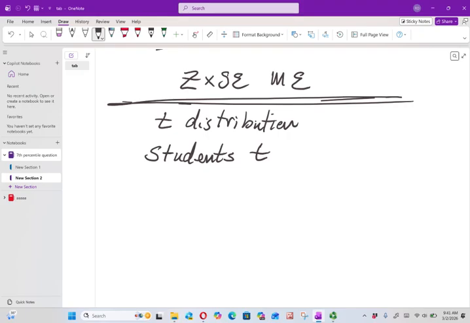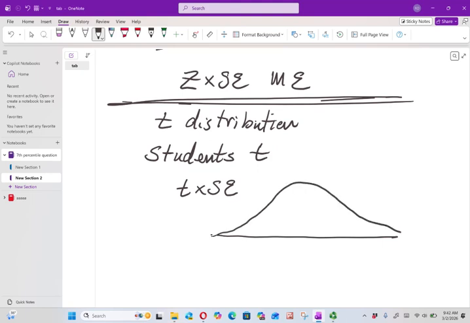So that we have Student's T distribution, and what we actually have in these things, the official version, is T times the standard error, not Z. The difference is the T distribution is wider and flatter than the standard normal. The mean is still 0, but compared to a standard normal distribution, I actually have a picture here somewhere, don't I?